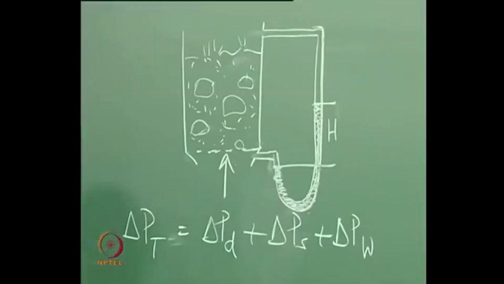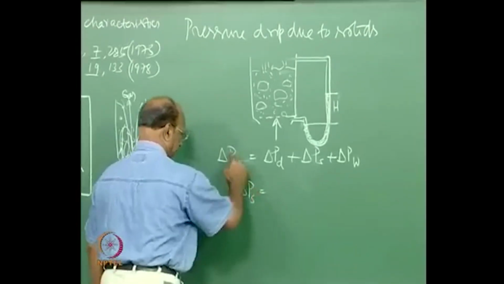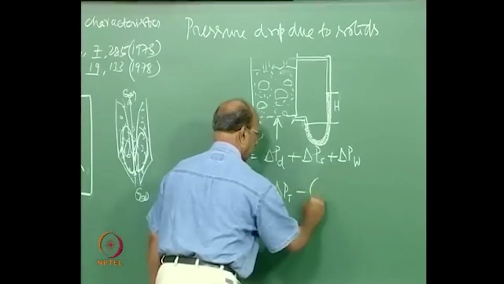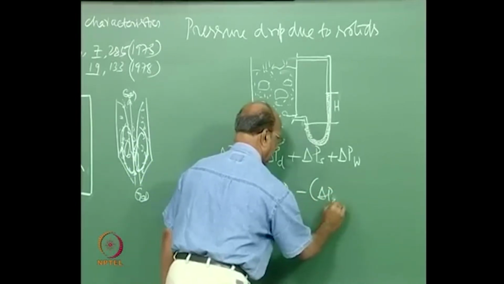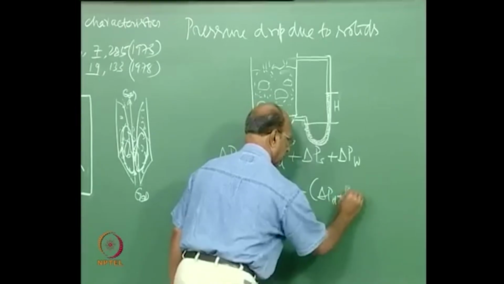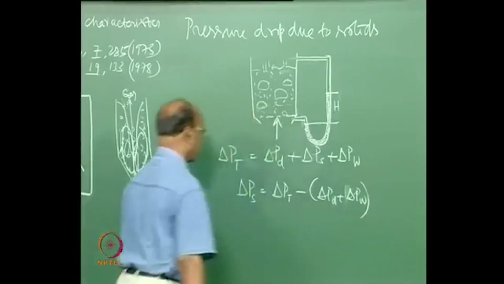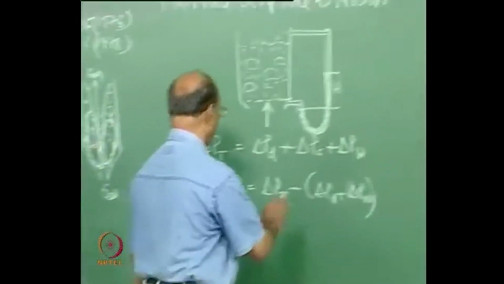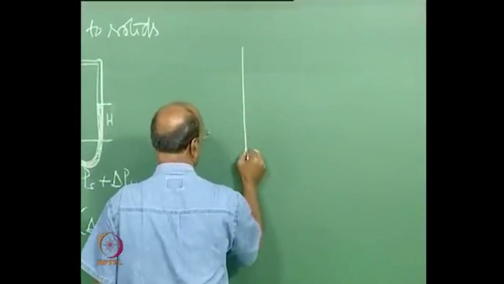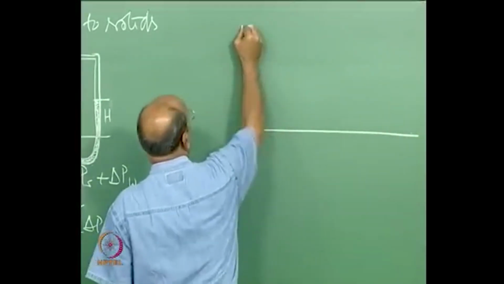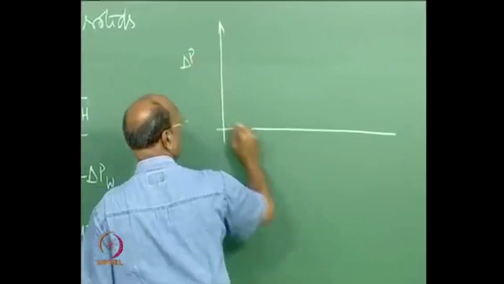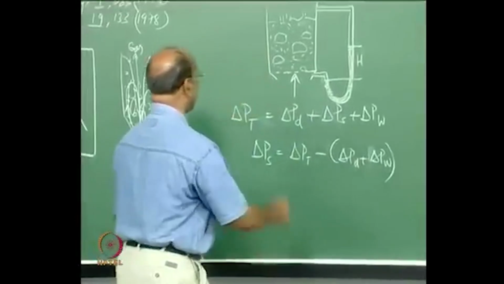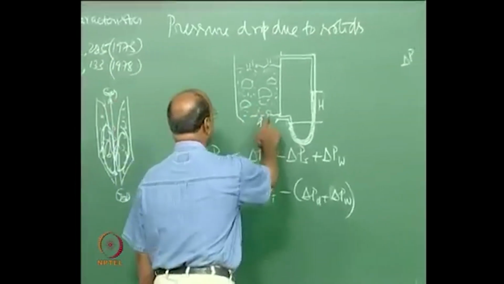So, to get delta P s I subtract delta P t minus delta P d plus delta P w. Okay. Correspondingly, if I also plot this, delta P versus u, plotting graph. Okay.